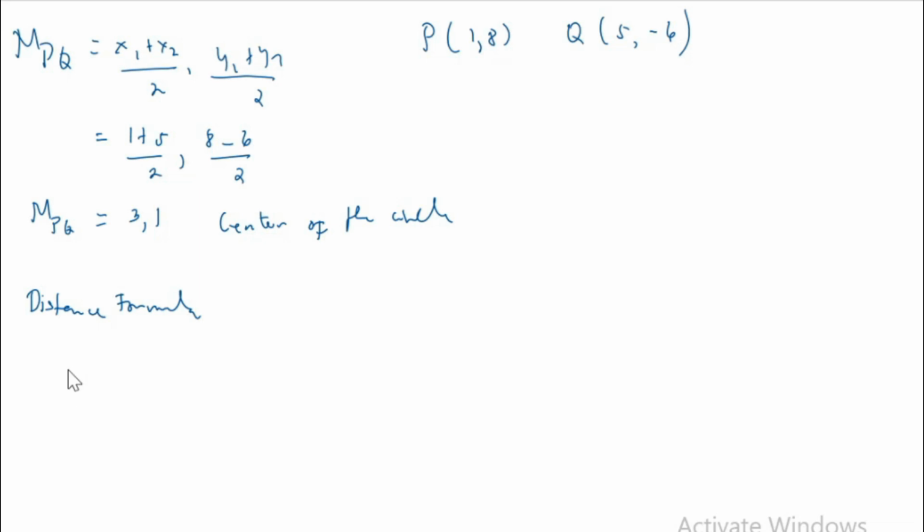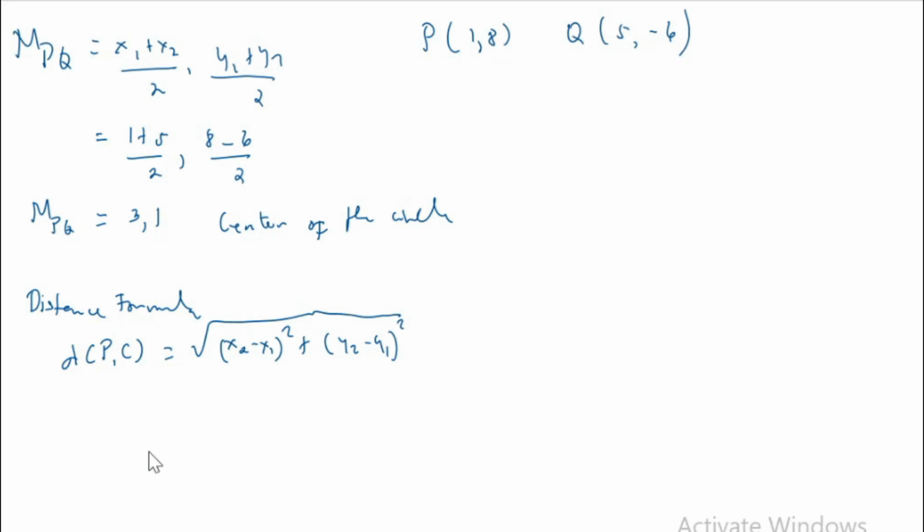So using the distance formula, the distance of, I will call this one P and C, is the square root of the square of x sub 2 minus x sub 1, plus the square of y sub 2 minus y sub 1.